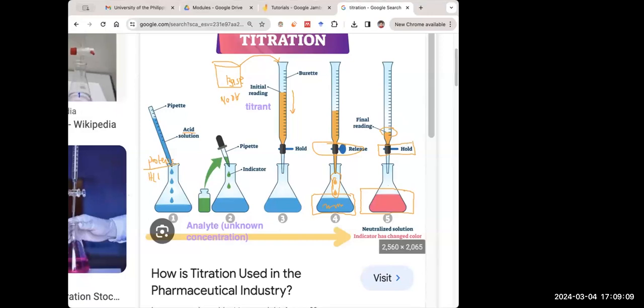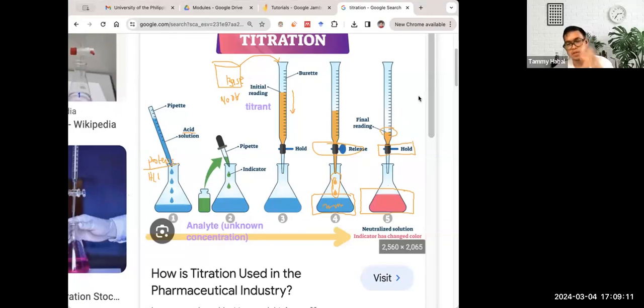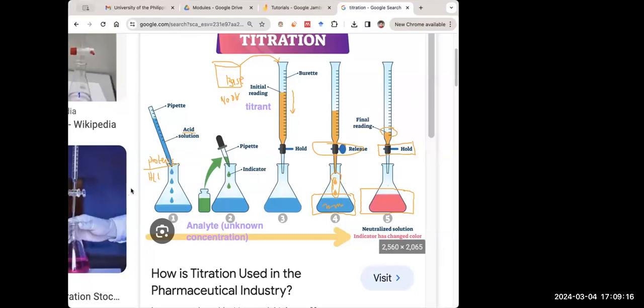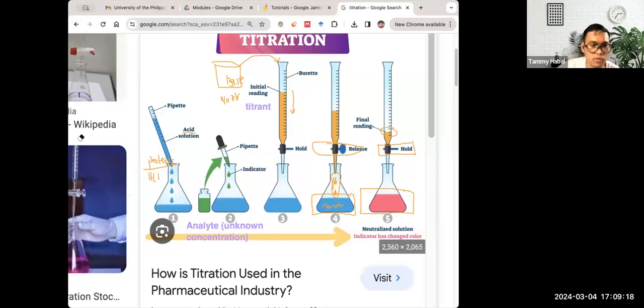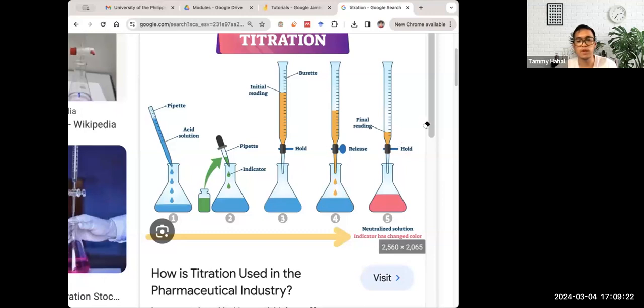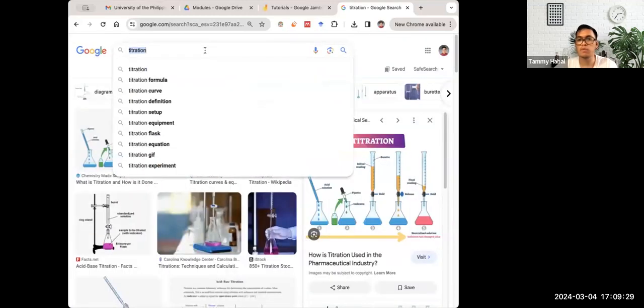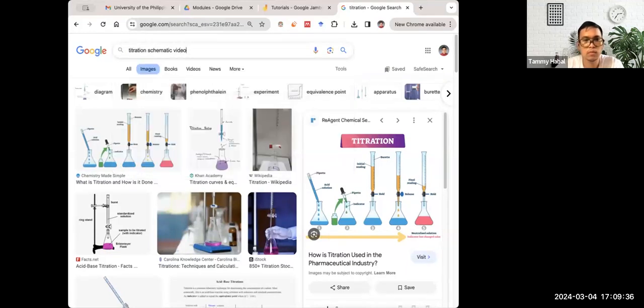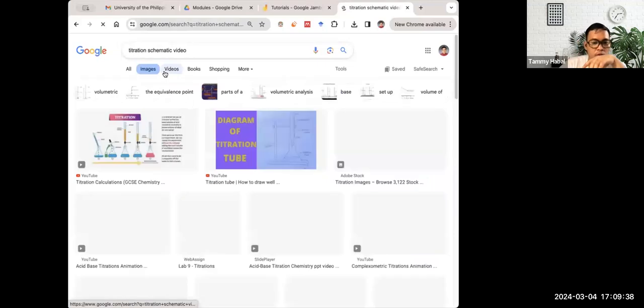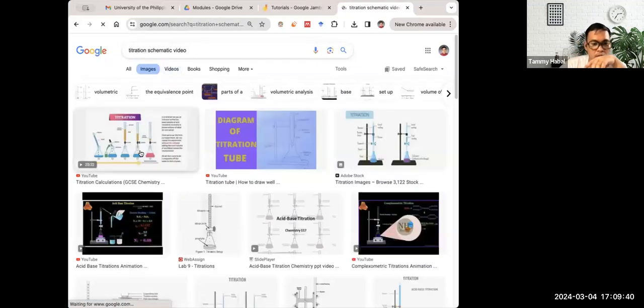Okay. So based on the theoretical or based on this diagram, do you understand how titration works? Yes. Okay, so it's a clear drawing. I'll show you a video just in case.